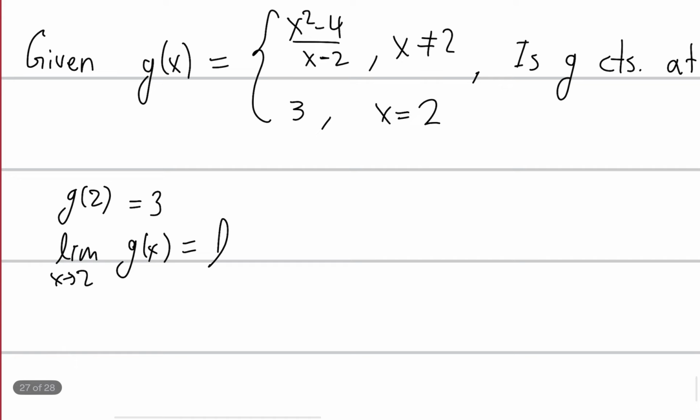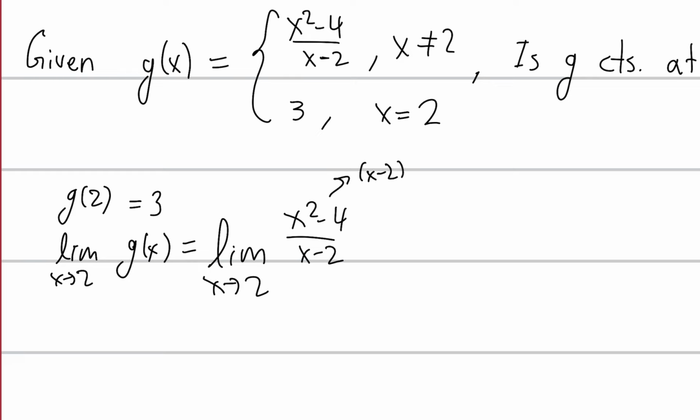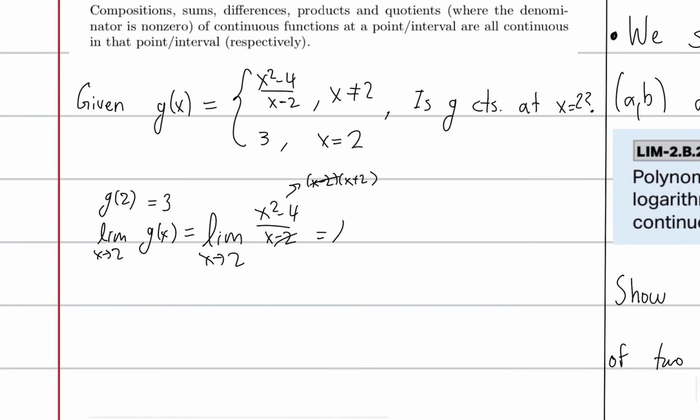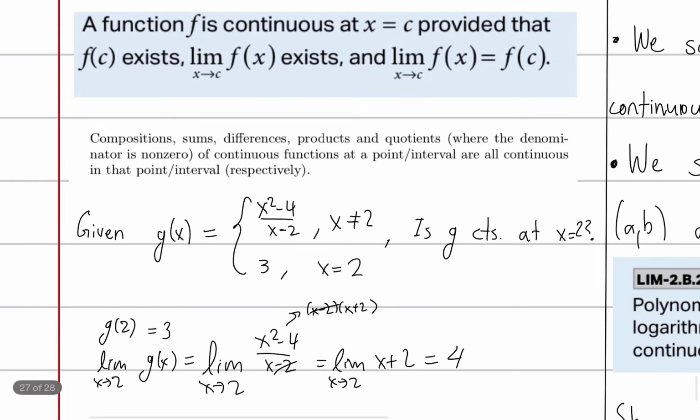So we're going to get the limit as x approaches 2 of x squared minus 4 over x minus 2, but we can factor this into x minus 2 and x plus 2. So then we can cancel out the x minus 2's, and we just get the limit as x approaches 2 of x plus 2, which is a polynomial, so it's just 4. So this limit does in fact exist, finally, this is the key thing.